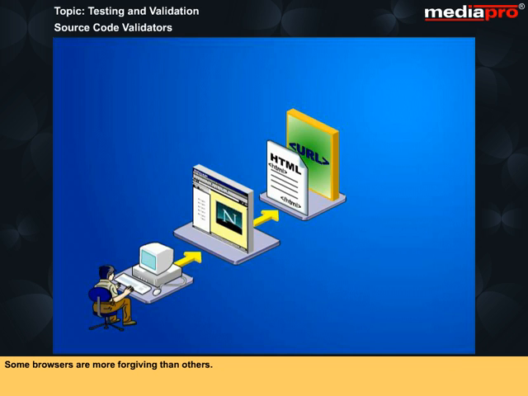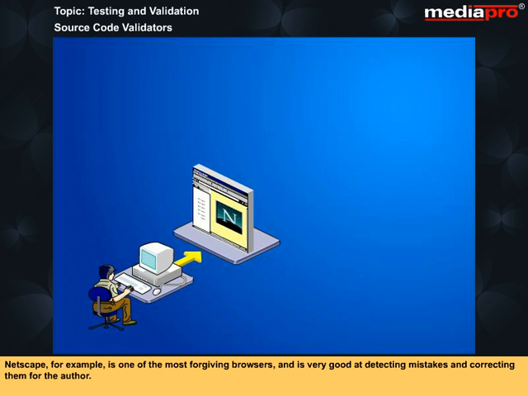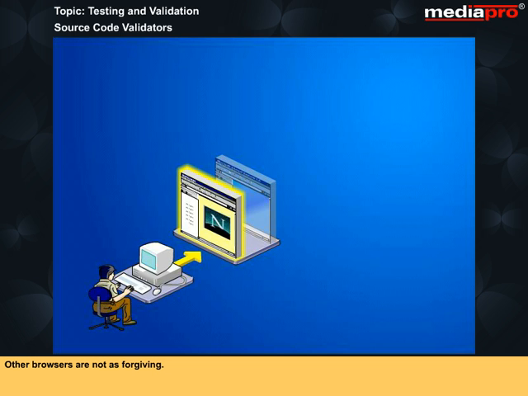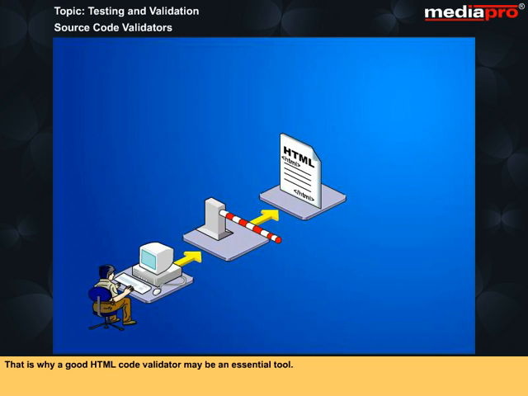Some browsers are more forgiving than others. Netscape, for example, is one of the most forgiving browsers and is very good at detecting mistakes and correcting them for the author. Other browsers are not as forgiving. That is why a good HTML code validator may be an essential tool.